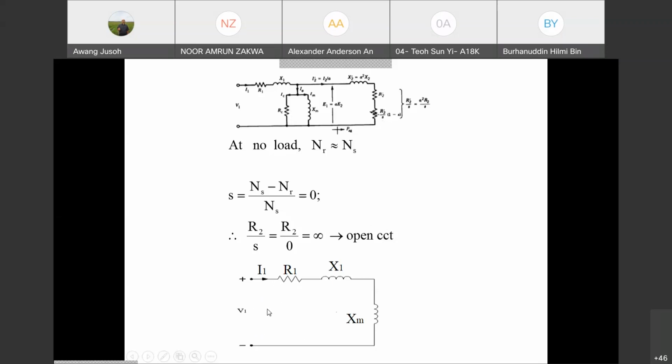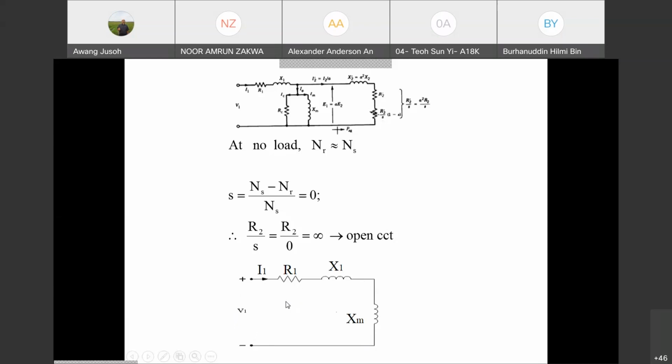That means we can calculate the X1 and XM. From the voltage we measure and the current we know, V divided by I gives you Z total. And then we know the no load power.